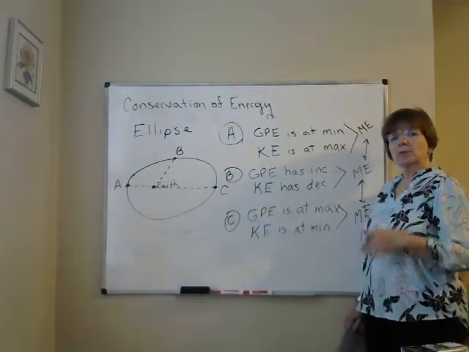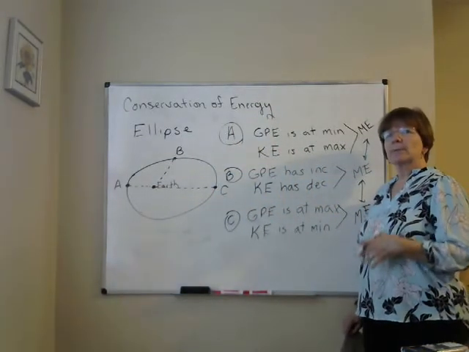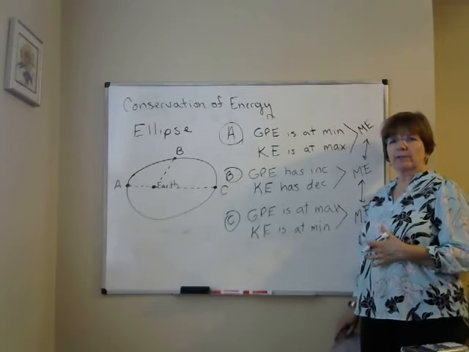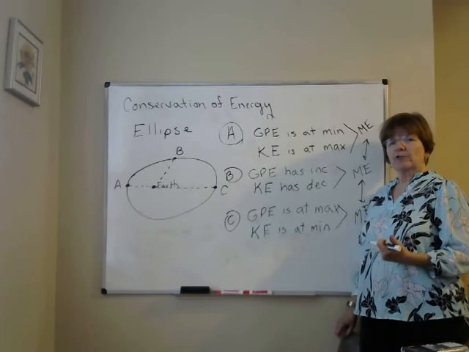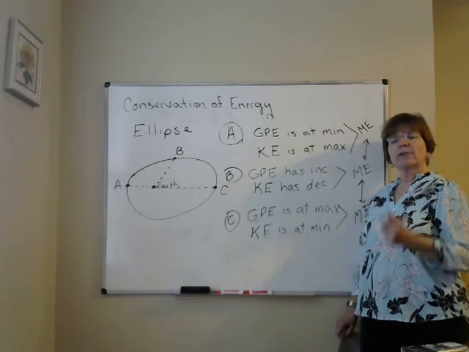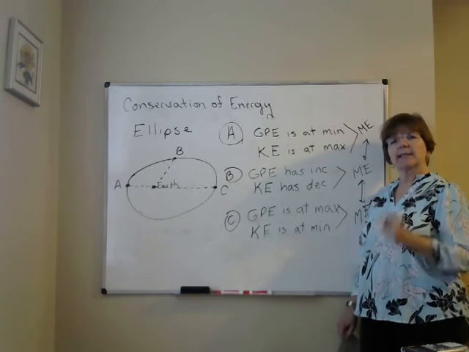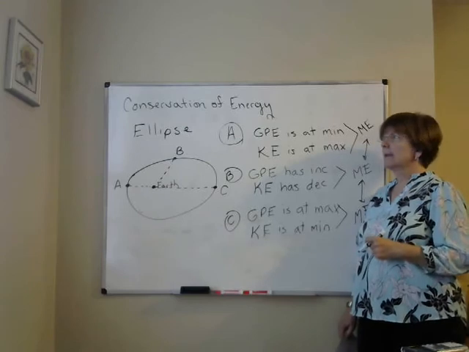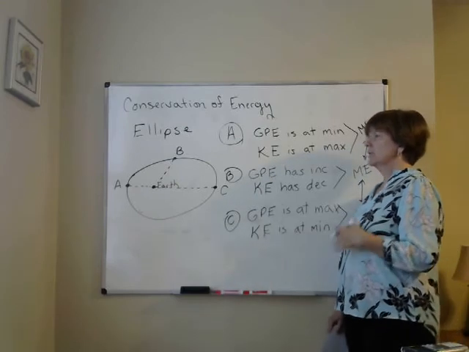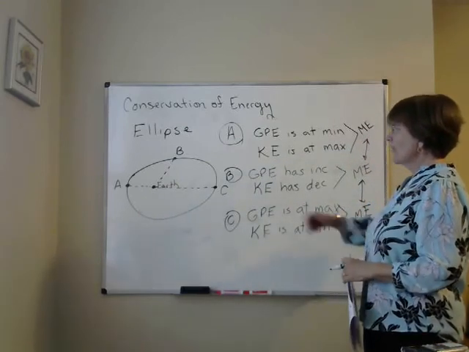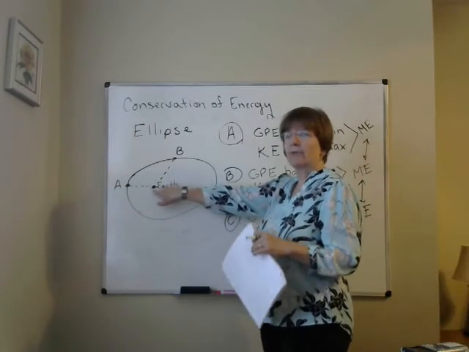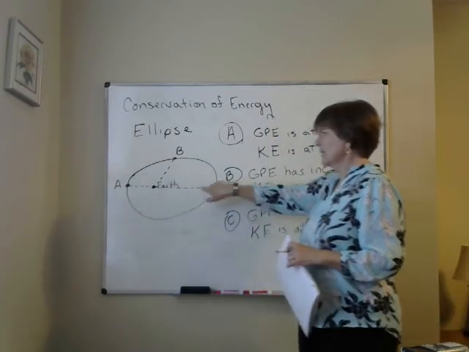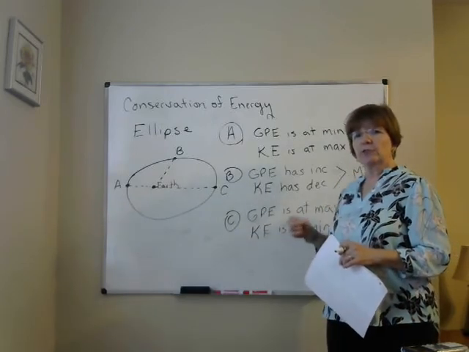So elliptical orbits and circular orbits both have conservation of energy. But in a circular orbit, there's no change in gravitational potential energy. There's no change in kinetic energy. They stay constant all the time. With an ellipse, you need to remember, as you get farther away from the planet you're orbiting, if it's the sun, farther away from the sun, you are increasing gravitational potential energy.